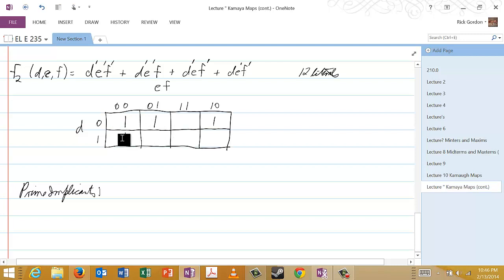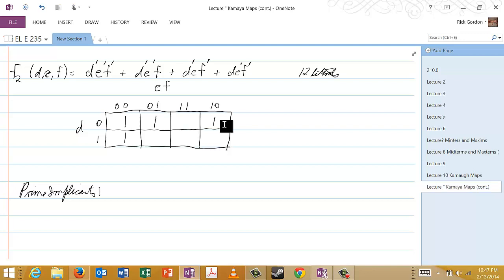Or if this one right here were instead up here, then the entire top row would be a rectangular grouping of 4 one cells. But in this case, with the distribution of one cells that we see here, we don't have a rectangular grouping of 4. So now we drop down to the next power of 2, which is 2.